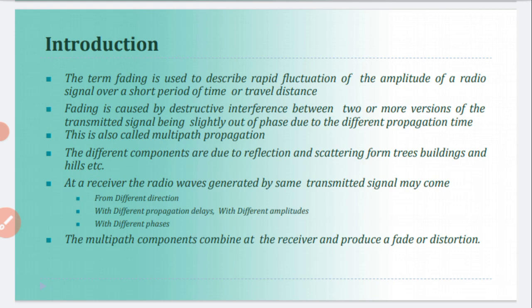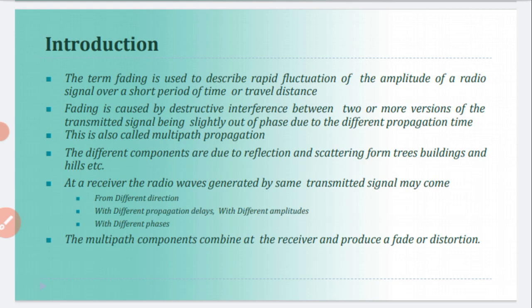So here the components that are causing the fading are reflection and scattering from trees, buildings, etc. At the receiver, the radio wave generated by the same transmitted signal may come from different directions, with different propagation delay, with different amplitude, with different phase.